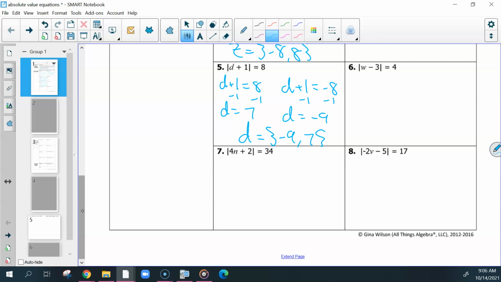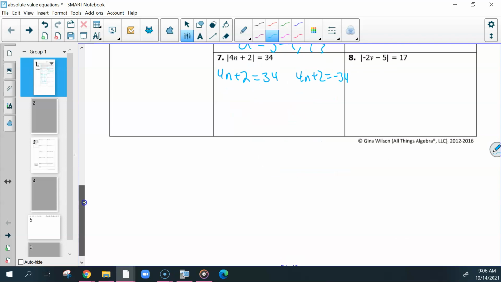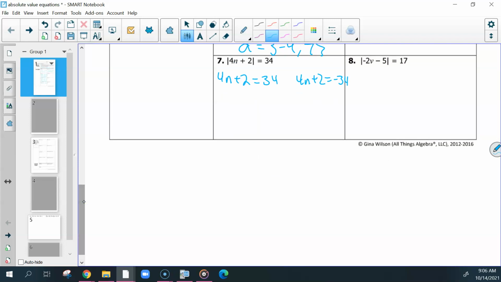We can set this inside equal to a positive and negative 34. And to solve this, I would do what? Both.